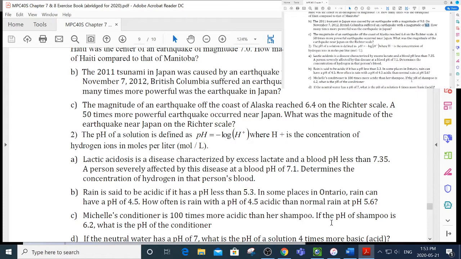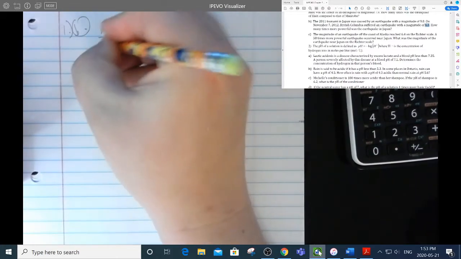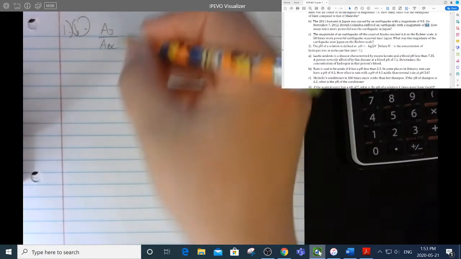And remember, what I actually want is I would like to solve this for the amplitude of the Japan earthquake divided by the amplitude of the BC earthquake. That's my goal. I need to get there, and I have two equations that can help me get there.